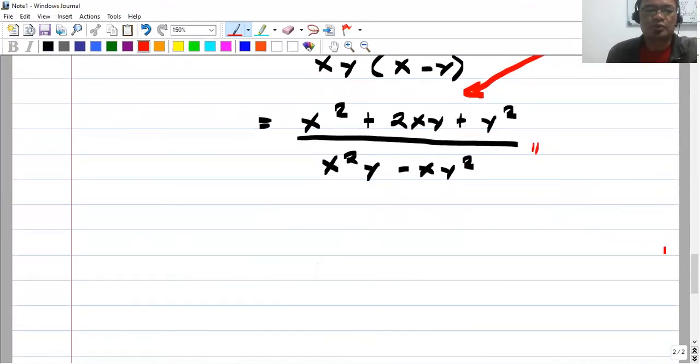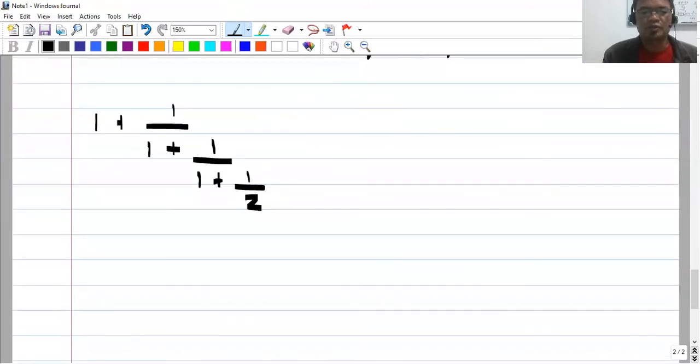So last example, we have example number 4. We have 1 plus 1 over 1 plus 1 over 1 plus 1 half. First, we have to get rid of the fraction here, so we have to simplify.